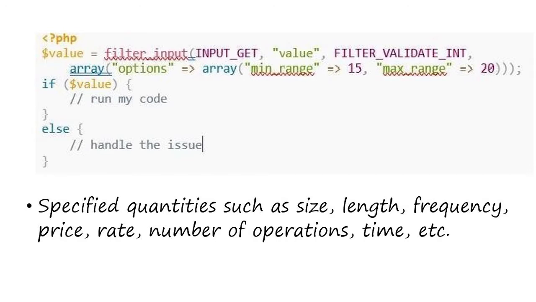And then this is the other simple coding, which uses a range, minimum 15 to maximum 20. These are specific quantities such as value for size, length, frequency, price, rate, number of operations, time, etc.